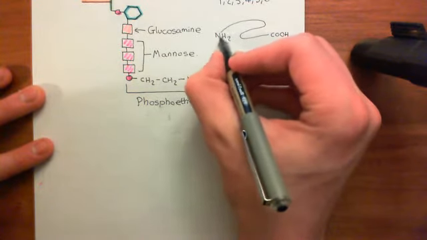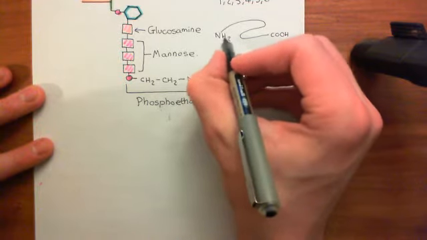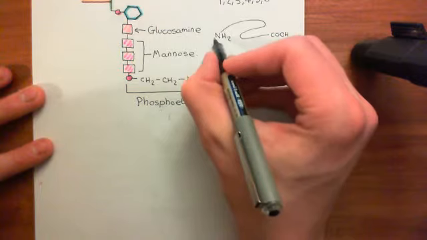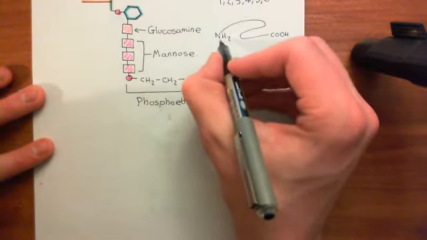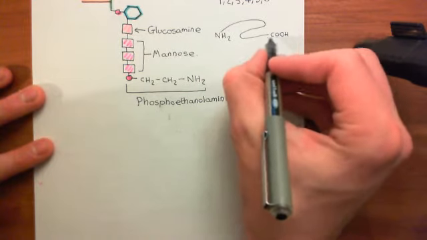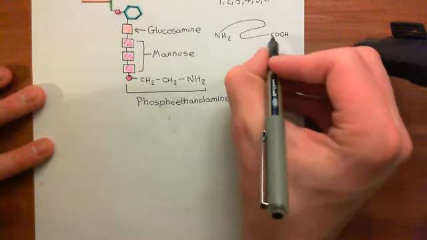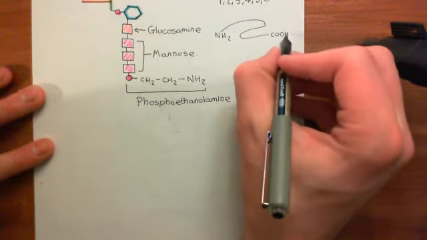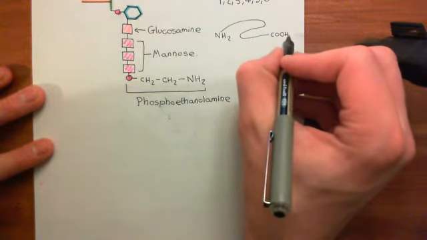So the first amino acid has a free amino terminus because its amino group didn't need to be involved in a peptide link to the amino acid before it, because there was no amino acid before it. Similarly, the final amino acid in the polypeptide has a free carboxylic acid group because its carboxylic acid group didn't need to be involved in the binding to the amino group of the next amino acid along.